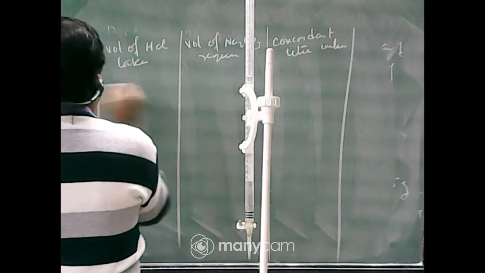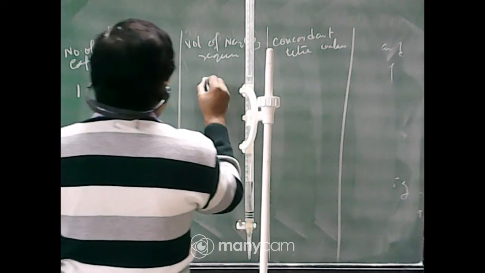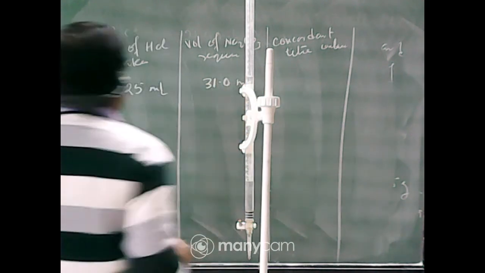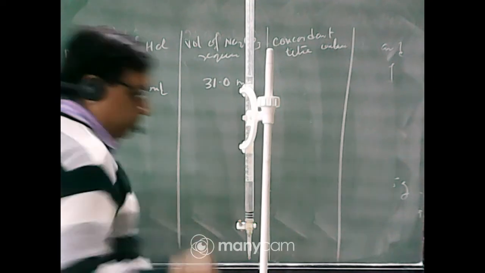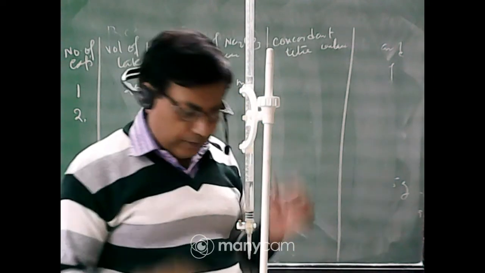So experiment number 1, volume of HCl taken 25 ml, and Na2CO3 required 31.0 ml. Now experiment number 2, you repeat the process at least 4 or 5 times.